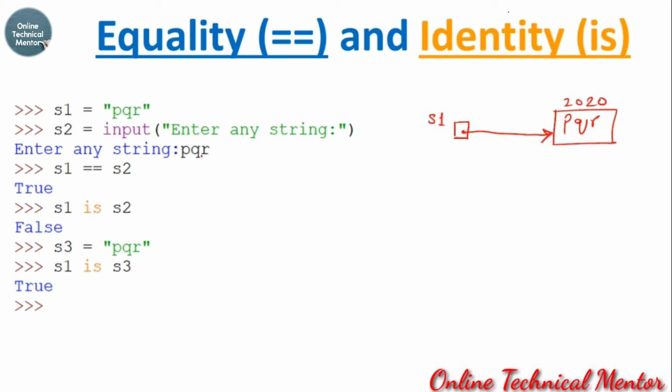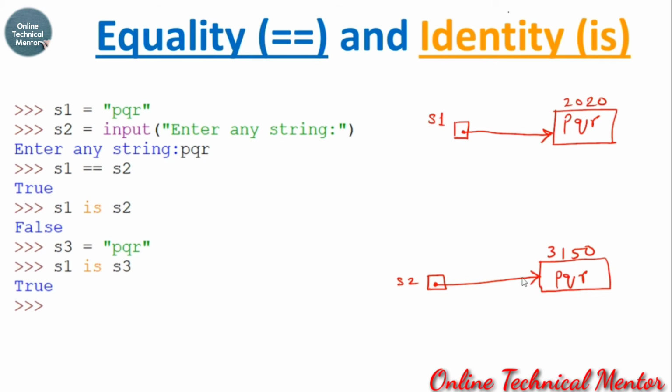Now when you are taking input from the user, that is a console input, it is behaving like this. It is creating a separate memory location and PQR is residing over there. Suppose its address is 3150 and S2 is pointing over here.